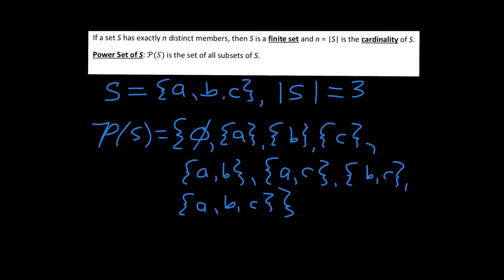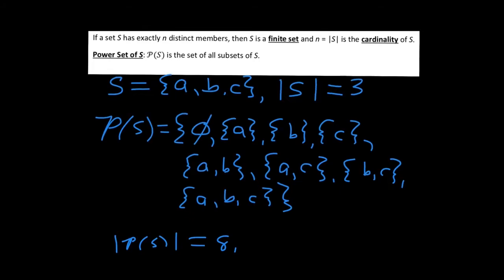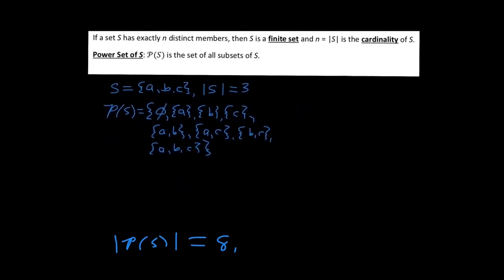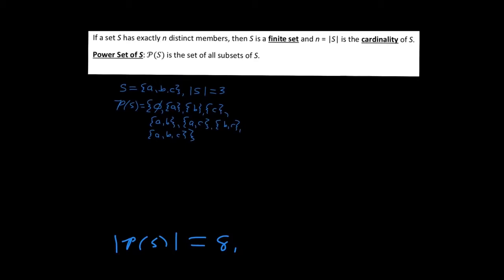So that leads us to the interesting conclusion that the cardinality of the power set of S is equal to 8. And it turns out that, actually, let me go ahead and shrink all of this stuff up here so I can have some more room.